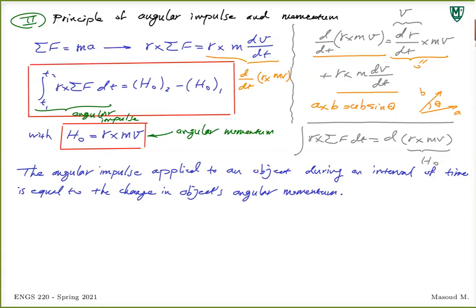The right side is basically the change in angular momentum from point 1 to point 2. Right. So this is the principle of angular impulse and momentum. That's pretty much it.